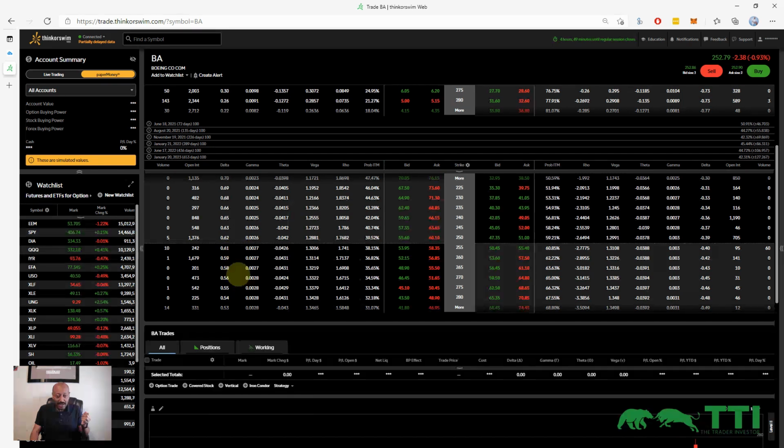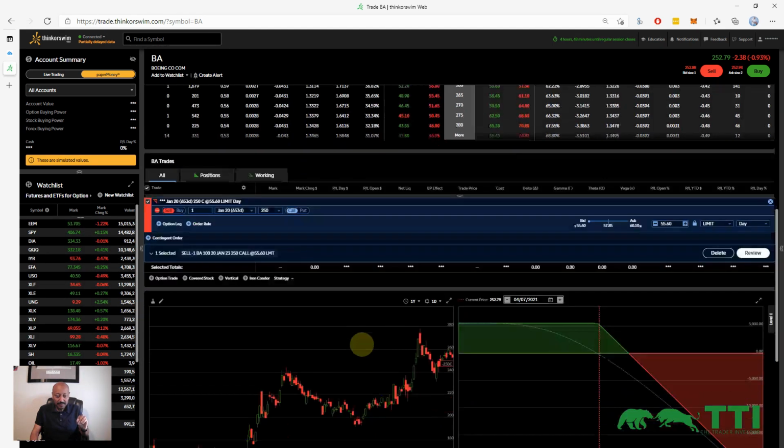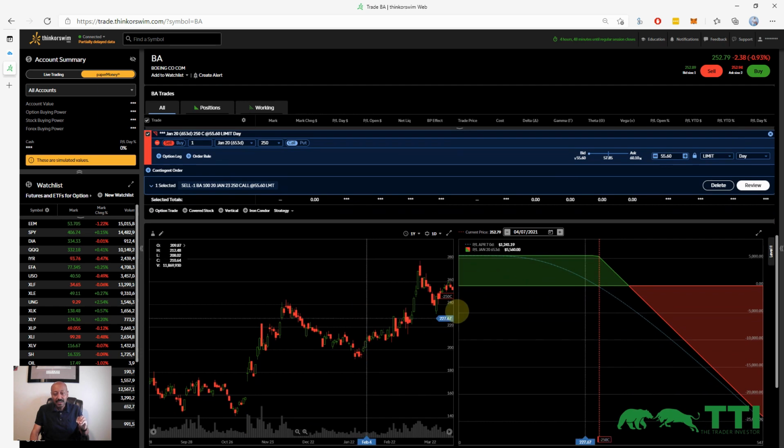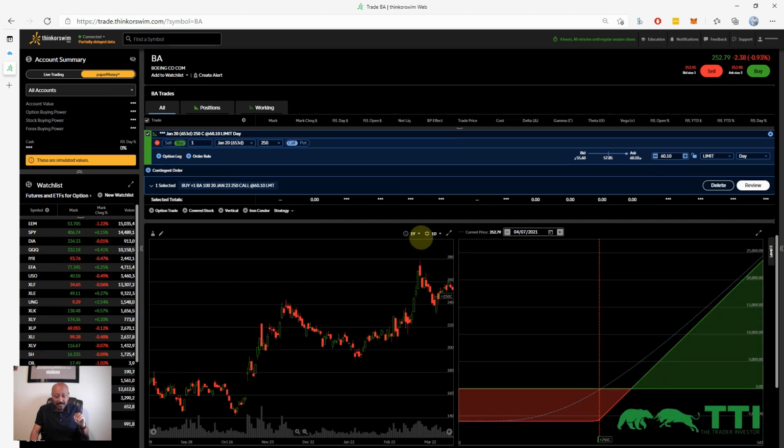So sometimes at a delta 50, you might be able to go way out of the money to make it cheaper, but I prefer to go in the money. And in this case, I just buy a call option. So here, the risk on this is I need to buy it, not sell it. The risk on this is the maximum that I paid. So in this case, it's 6,010. So that's the maximum I can lose on this trade.